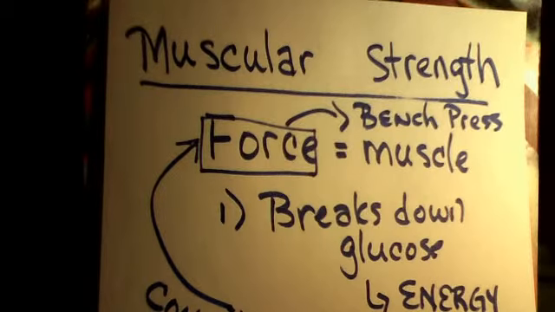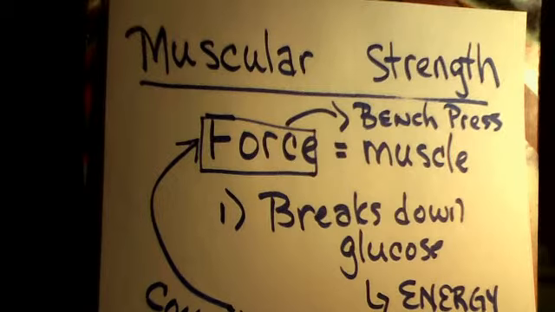Now, what does it have to do with force? When the muscle breaks down glucose, you have energy to produce force. Now, force means to lift, to carry, to push, or pull. Again, to push, carry, lift, or pull. That's force.